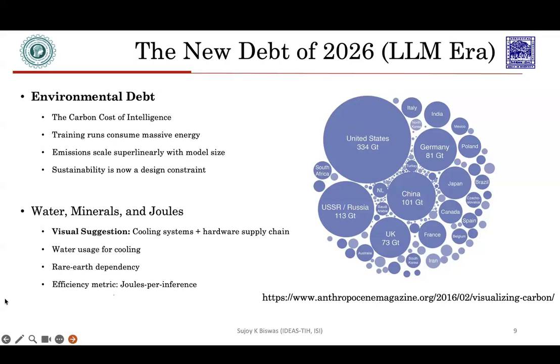And these are the environmental debt, because to keep the GPUs running, you need a lot of cooling effort. The cooling effort and the electrical energy that you are expending cause considerable expense in terms of your budget.